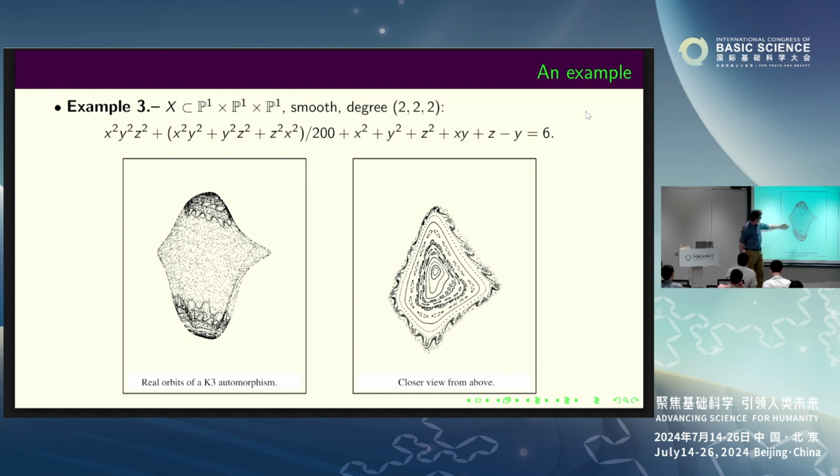The points here are orbits of this map, the composition of the 3 involutions, several orbits. You see in the middle that there are orbits which seem to be dense. On the top and the bottom, you see some kind of KAM behavior with islands and things like that. So you get complicated dynamical systems.